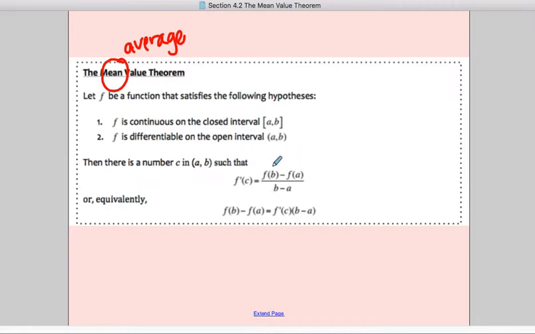Okay, so not so much worried about the endpoints, but it does have to be differentiable in between. So what it's saying is then there's some number c in (a, b) such that the derivative, your slope at an instant, is equal to your old school slope, which is your average slope.